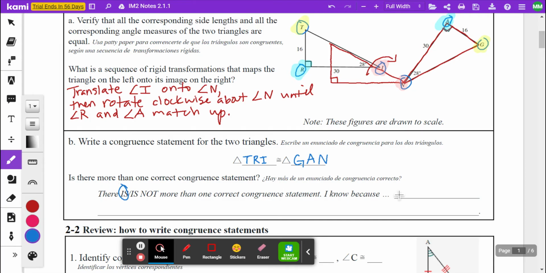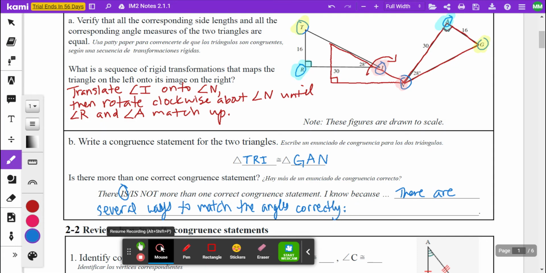because there are several ways to match the angles correctly. And I'll just give an example of two more.